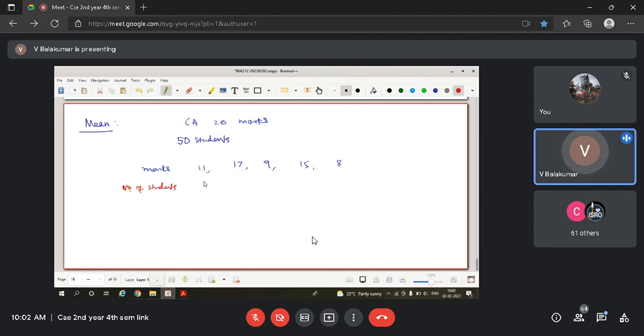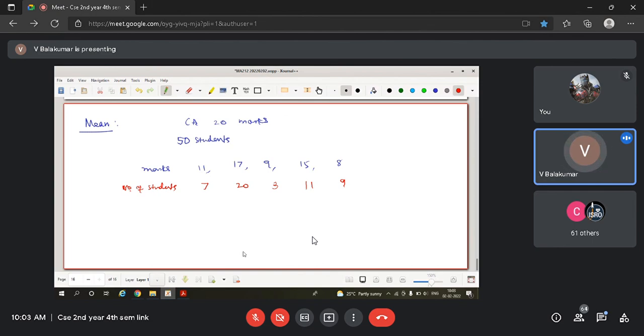This mark is obtained by 20 students, this mark by 7 students, this 9 mark by 3 students, this by 11 students, and this by 9 students. 20, 40, 50. Only 5 marks are obtained, but each mark is obtained by many students.